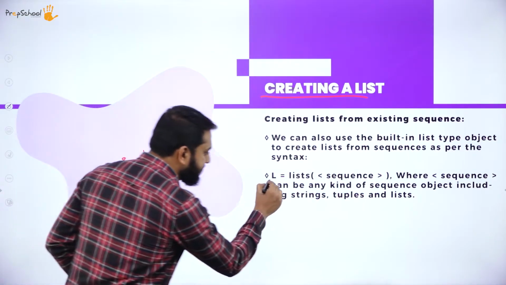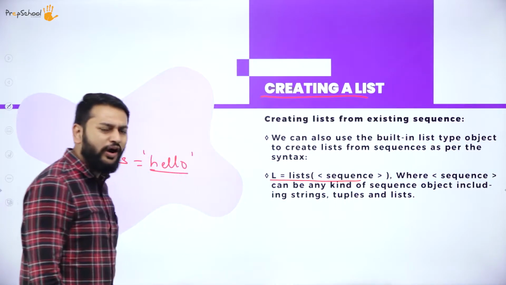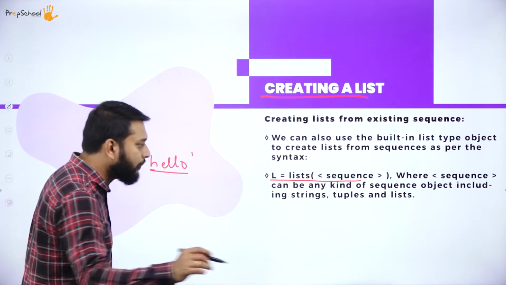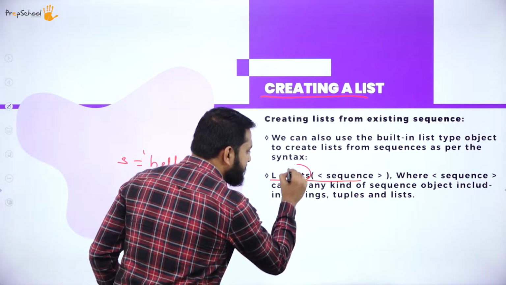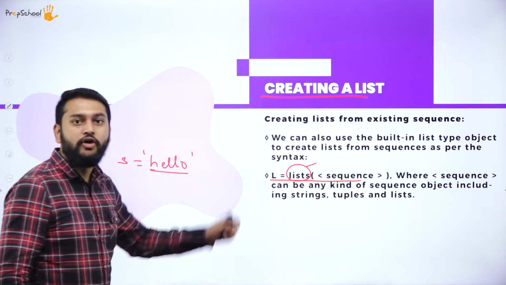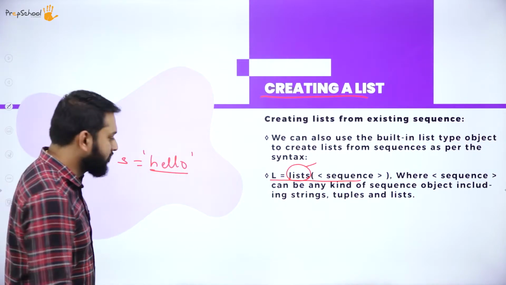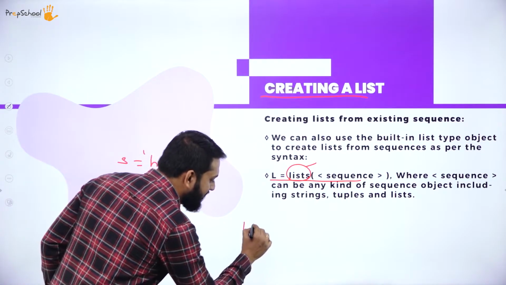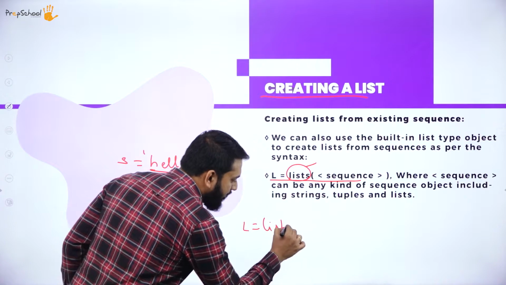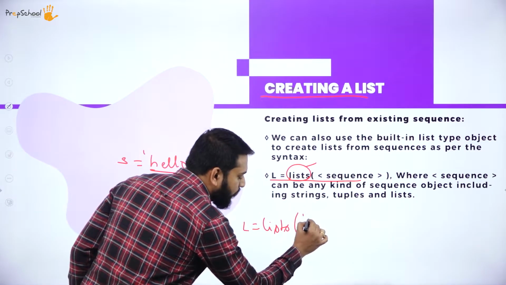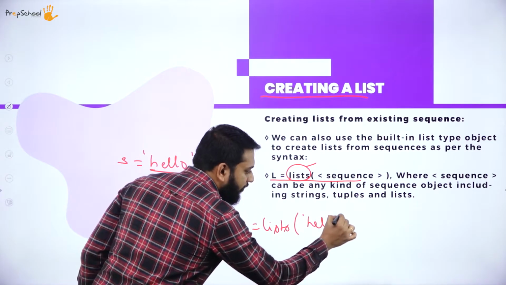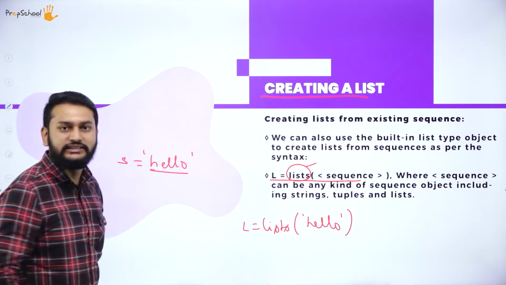Suppose I use this statement, what exactly is this statement all about? So please understand, list is a function. List is a predefined function that I am using. Suppose I write like this, L is equal to list, and I write the sequence hello, this is an existing sequence.